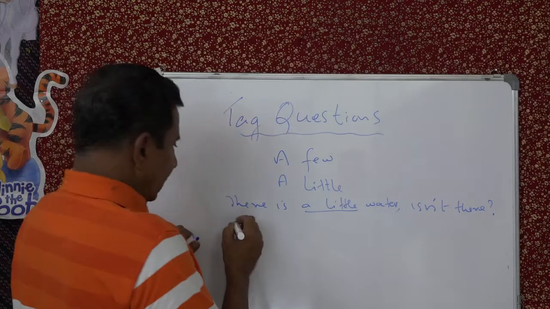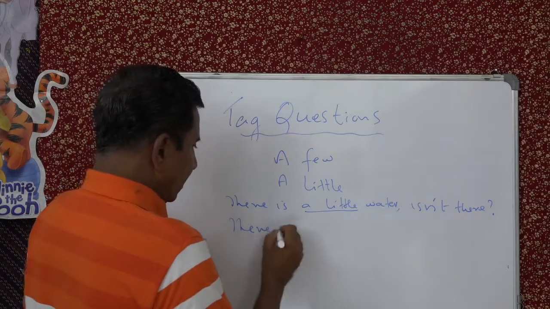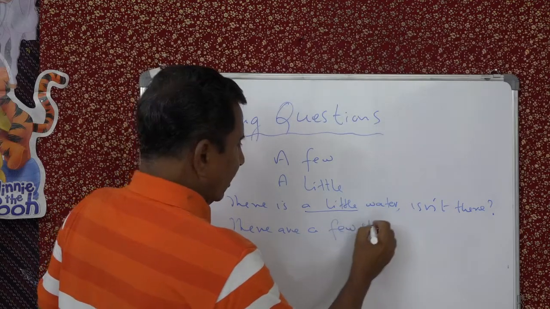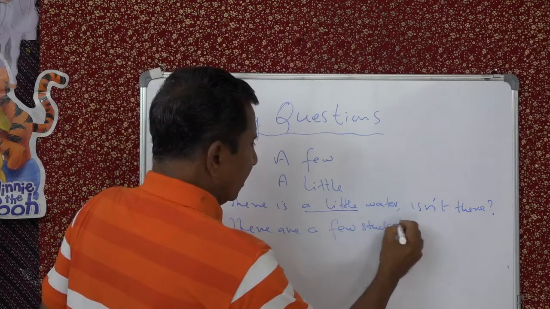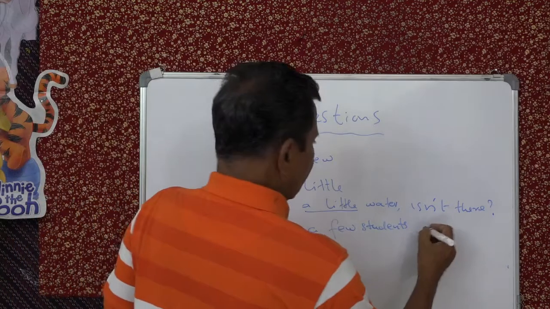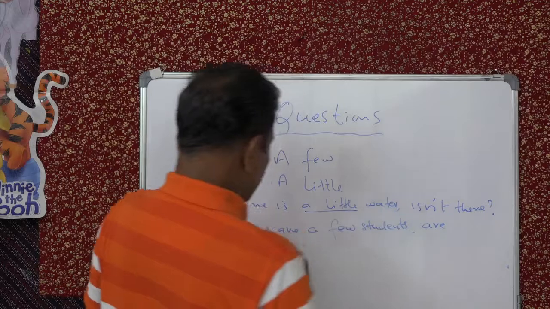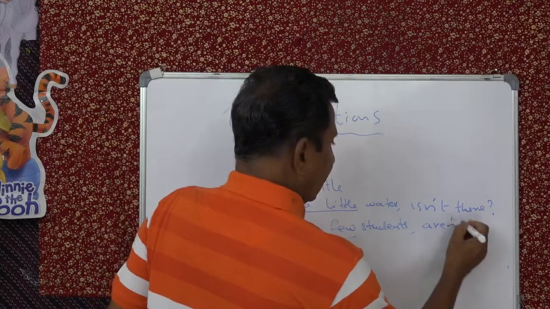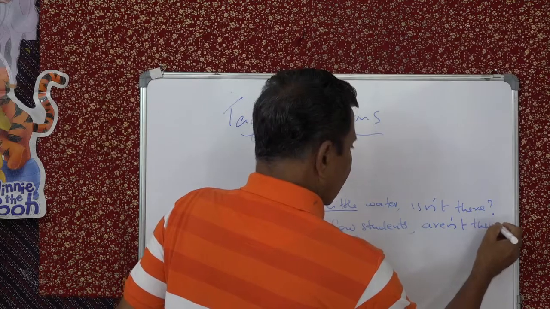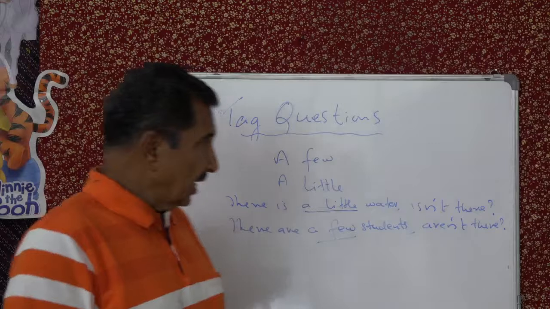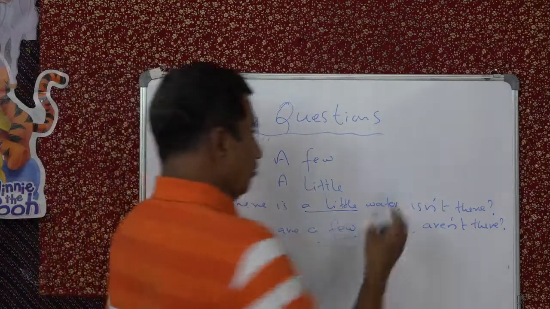Now, there are a few students, then comma plus aren't there. So a few is positive. Understand?